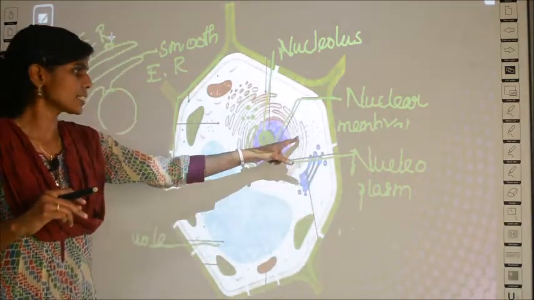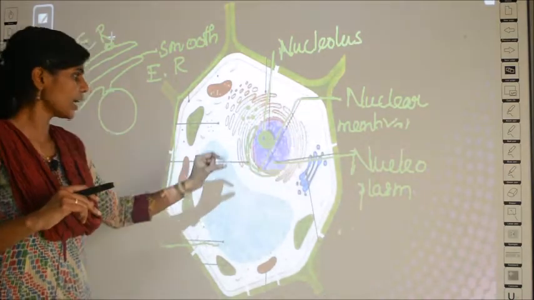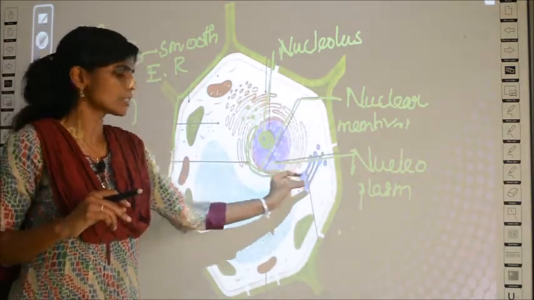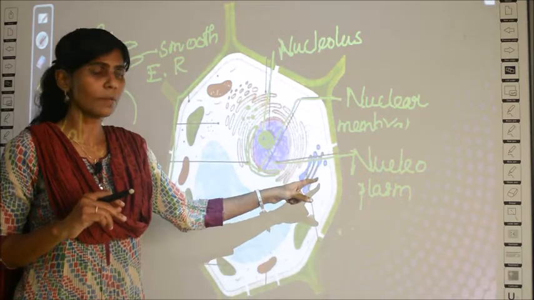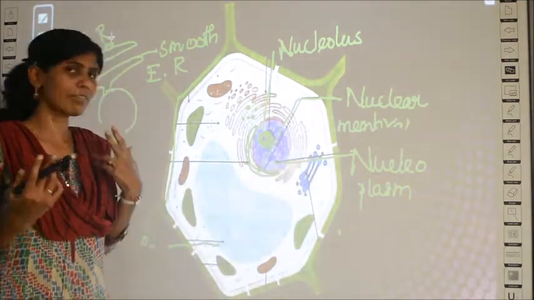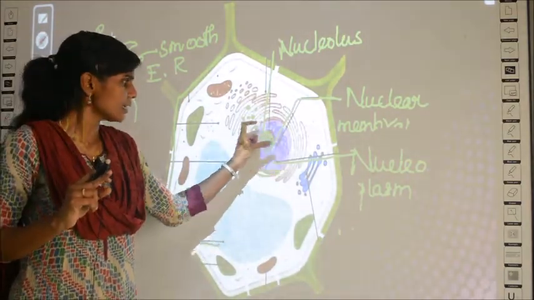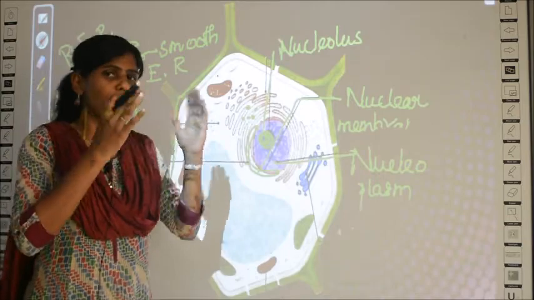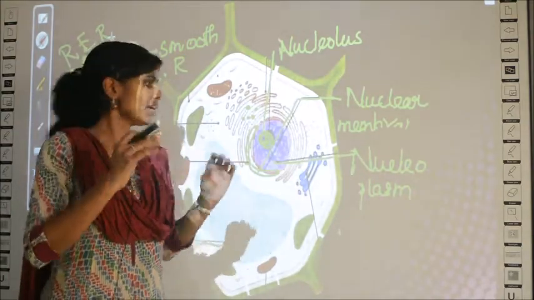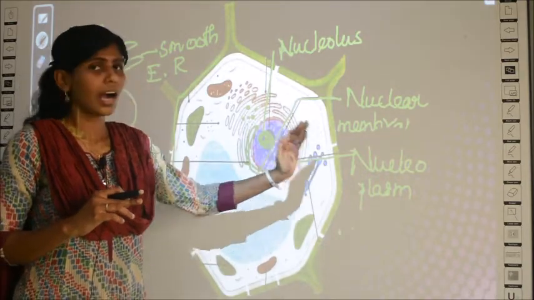Then you can find some more. See, actually this and this will resemble the same, no? This is also a tubular structure, and the blue color one is also similar to the brown color ones. How will you differentiate? I will teach you one difference. First difference is, this endoplasmic reticulum will always be immediately surrounding the nucleus, whereas this blue structure is away from it.